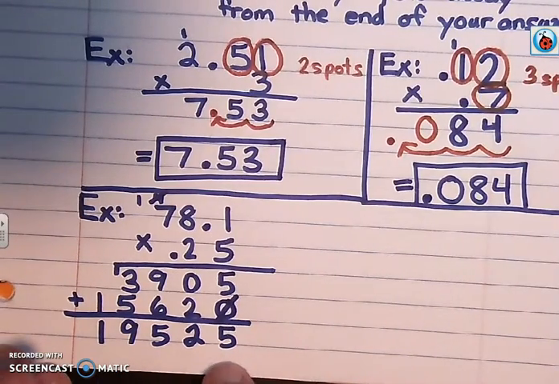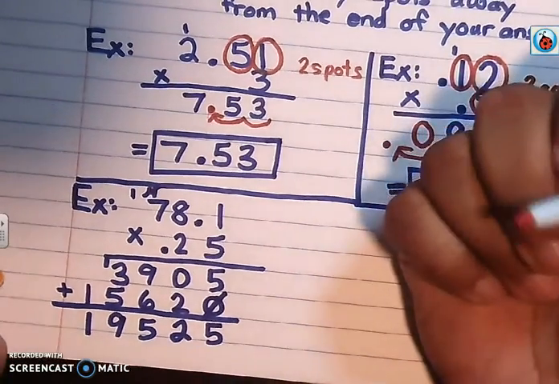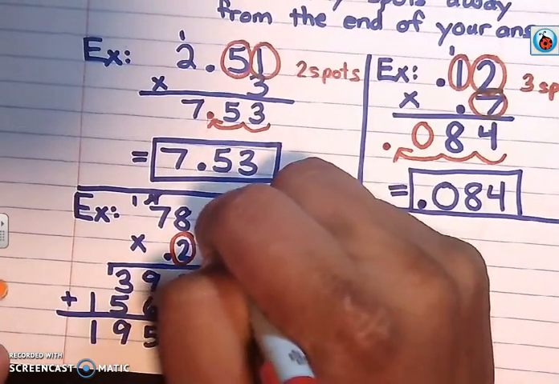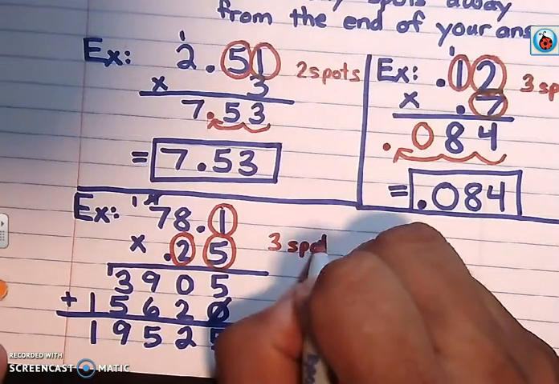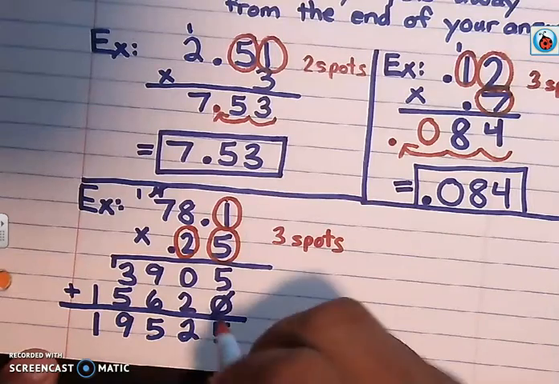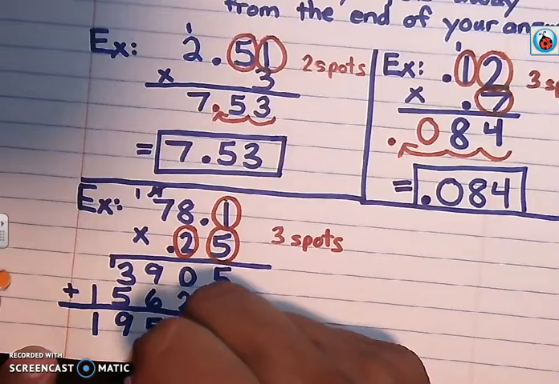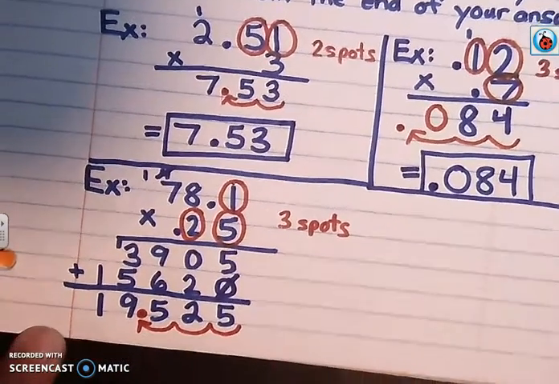But we have to remember that we multiplied with decimals. So bring in the strategy of circling every number after the decimal. 1, 2, 3. So we have 3 spots. From the end of the answer, we have to go 3 spots away. 1, 2, 3. That's where the decimal goes.